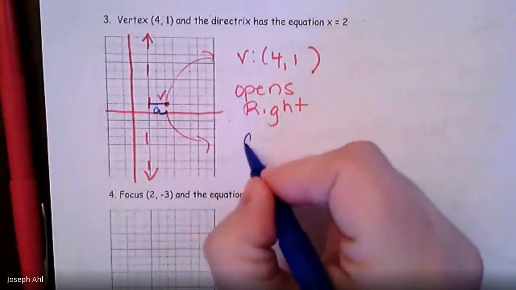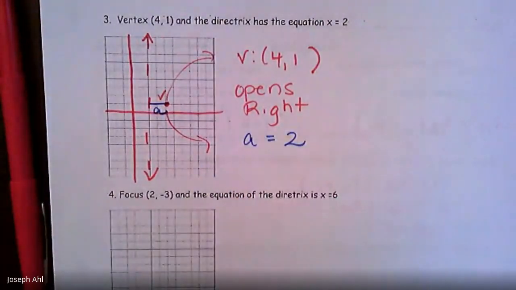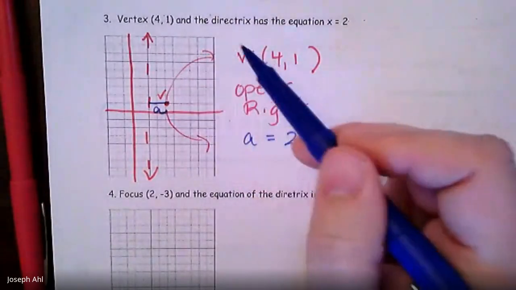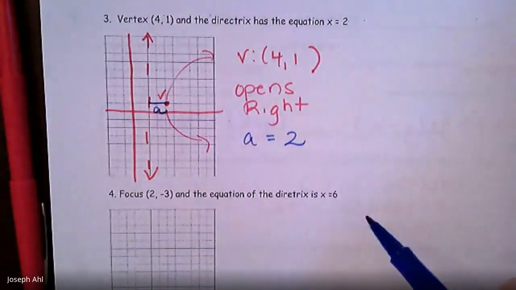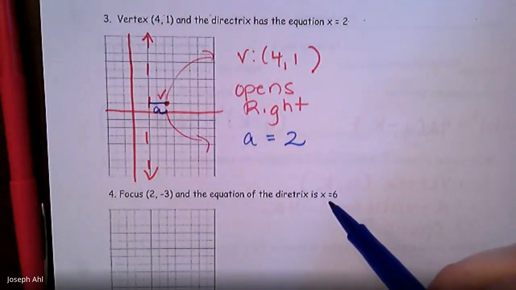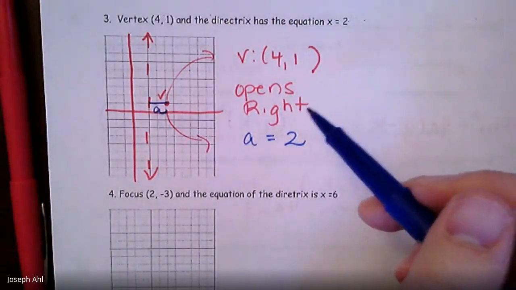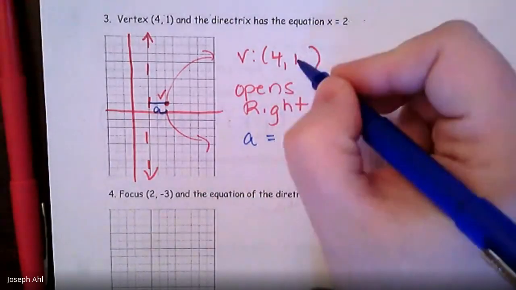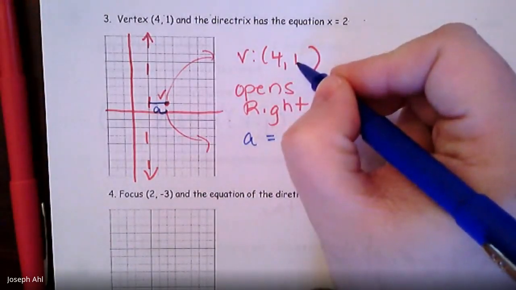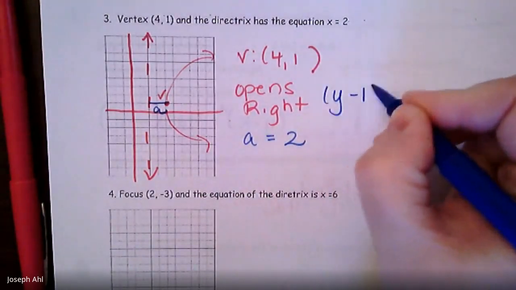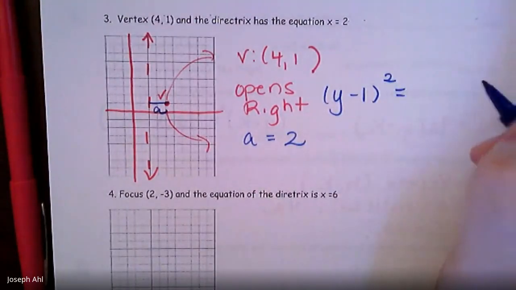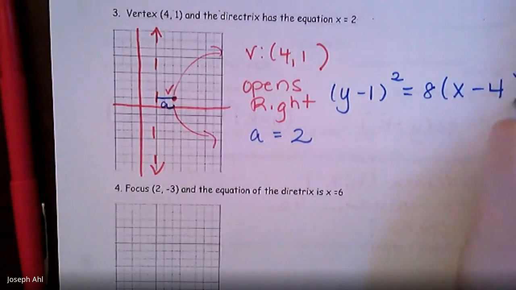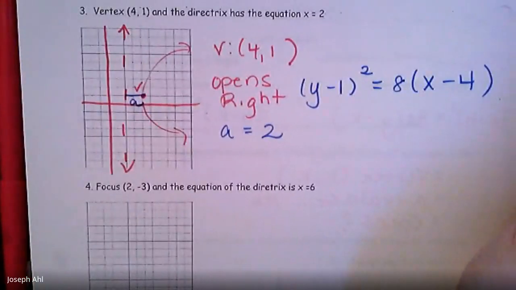So in this scenario, A would equal 2. And since the parabola is opening up to the right, A would be a positive number. So the only thing that's a little bit tougher here is, remember, if it's opening to the right, you need a y squared in your equation, and make sure that you pair y with the y coordinate from the vertex. This is going to be y minus 1 squared equals 4 times A, so that's 8, times x minus 4.